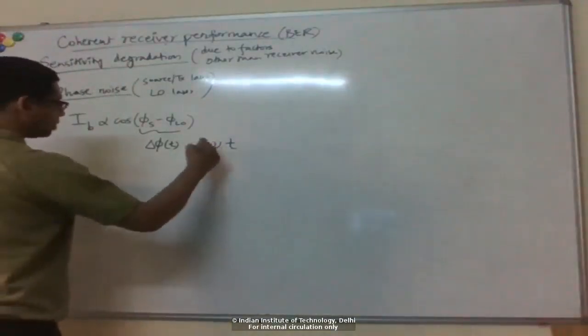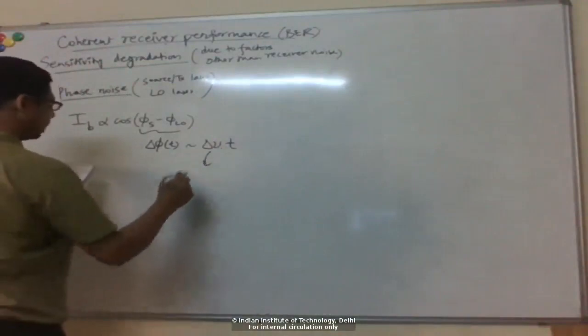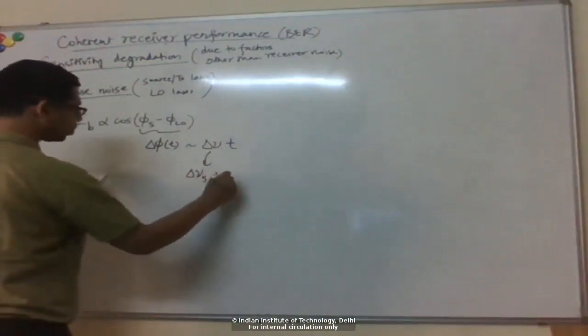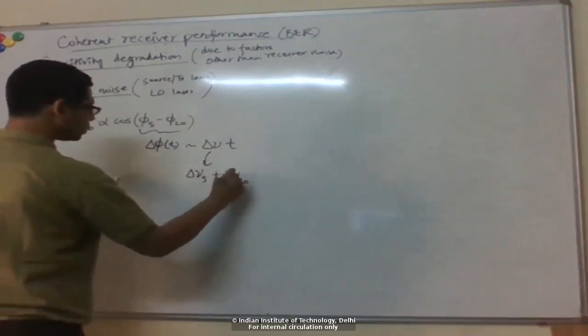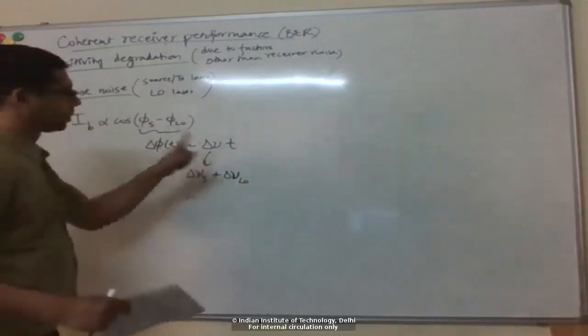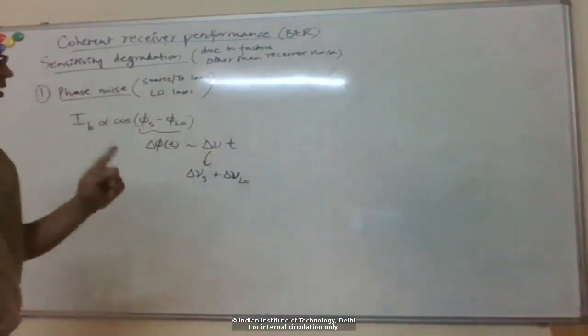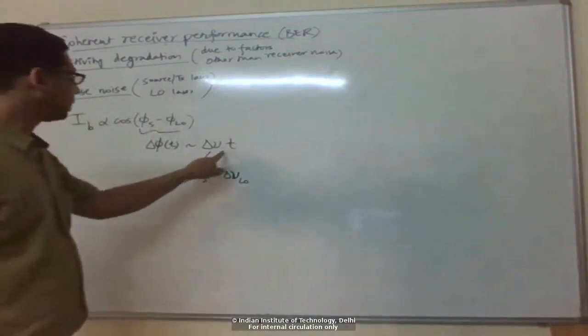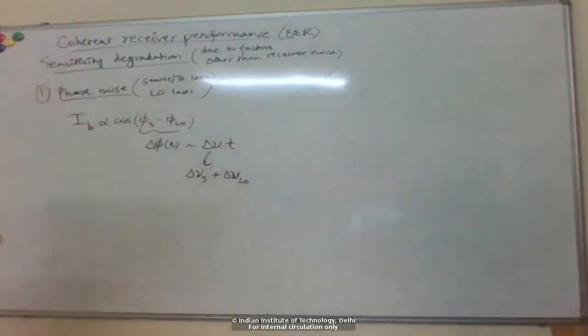This frequency drift we can just say is the sum of the line width of the source and the local oscillator. This is the spread in the frequency of the source, and this is the spread in the frequency of the local oscillator.